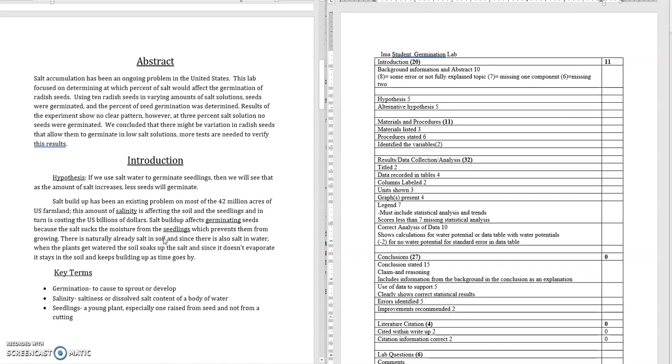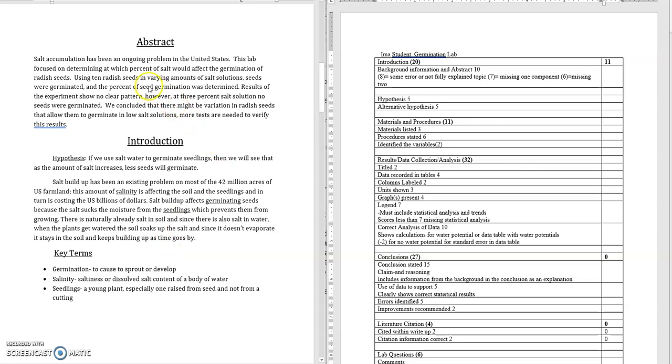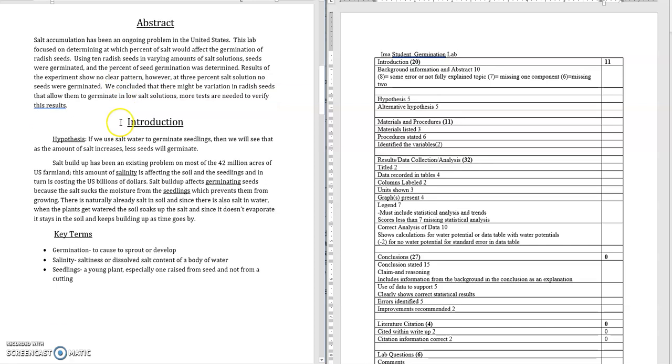Okay, so I'm looking at her abstract, and it appears she has the purpose, a little bit about the experiment. She tells me how she did the experiment, the results showing no clear pattern, and what they concluded. I see that she has only one hypothesis. I see that she has not given me the lab question.